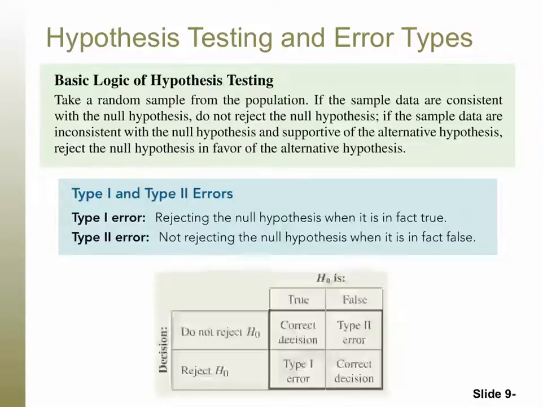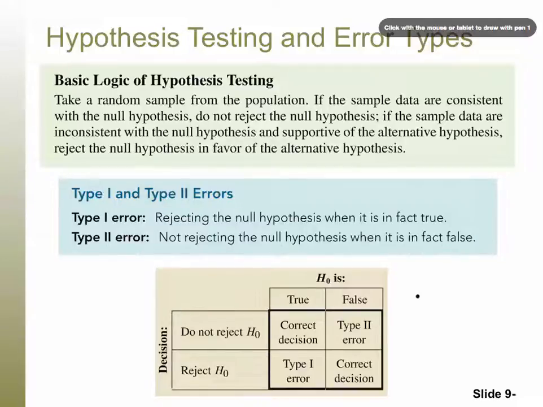I think this chart is helpful here. In the columns is whether the null hypothesis is quote unquote true or false, and then our decision, whether we did not reject or rejected. If the null hypothesis is true or in the realm of possibility, and we did not reject, then we made a correct decision.